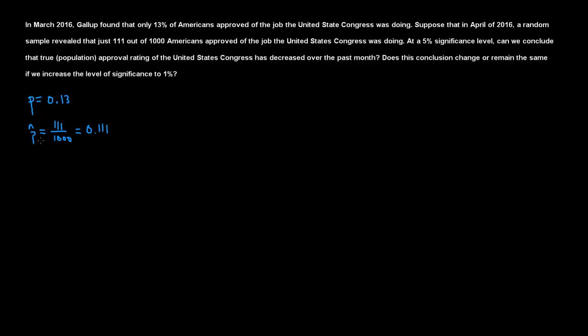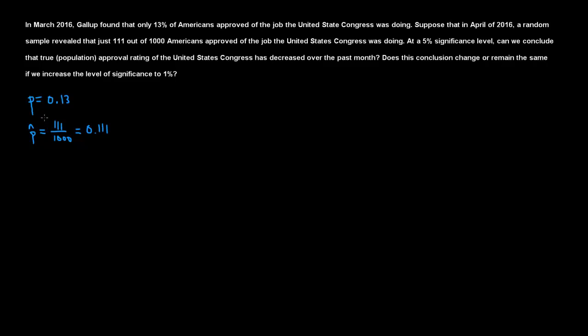So we have P hat, which is sample data, and then we have P, which is population. Okay, there we go. Okay, so let's see here.